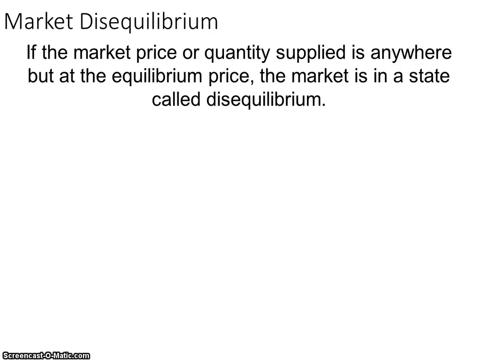When you are at equilibrium, you are producing enough that consumers are buying it all, and prices are at a point where consumers are willing to buy all those goods at that price. So there will be no shortage and no surplus.